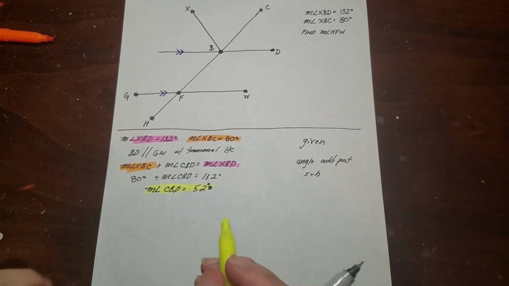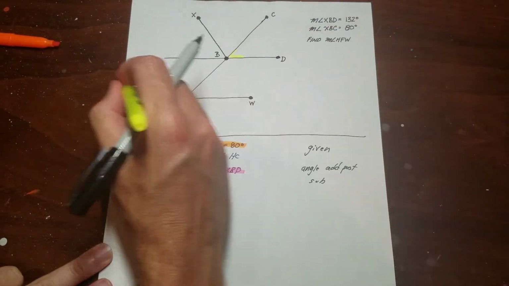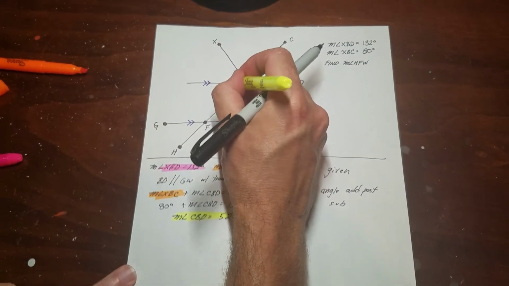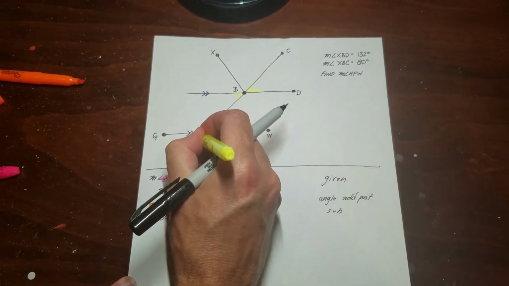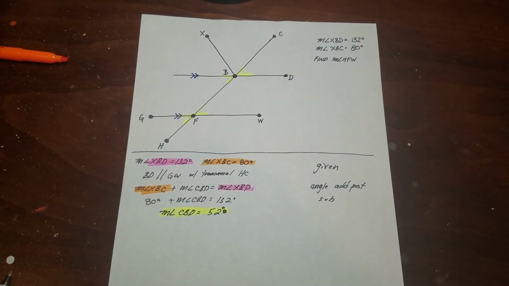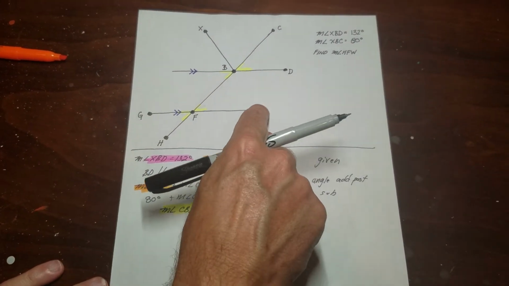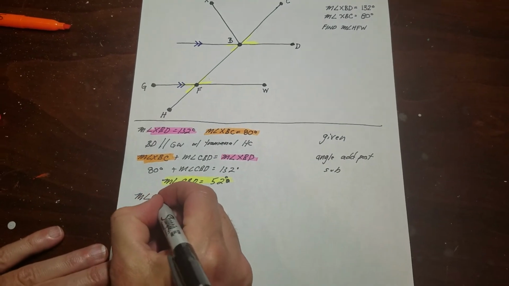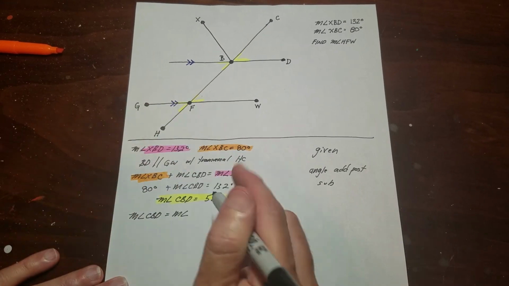Since this CBD angle is in this setup with the parallel lines and the transversal, I know all these angles here are the same. That means there's a lot of directions I can go from here, but I'm going to focus on this one right here because I'm after this guy over here. So I'm going to write the measure of angle CBD is equal to the measure of angle GFH.